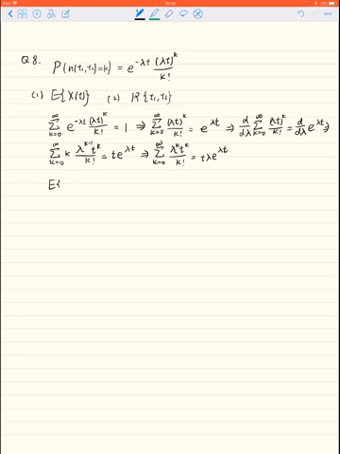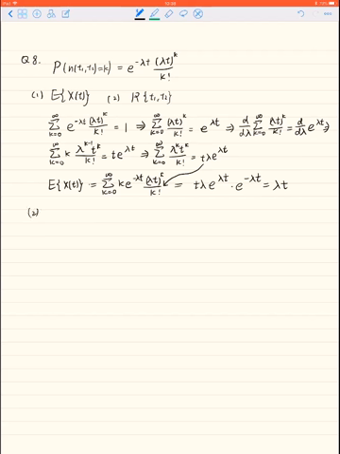Now we can simply know that the expectation of X(t) equals the sum from 0 to infinity of k times e to the power of minus lambda t times (lambda t) to the power of k divided by k factorial. We can easily derive it from here: that is t lambda times e to the power of lambda t times e to the power of minus lambda t, which is lambda t.